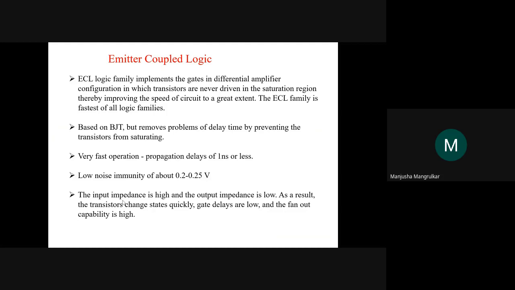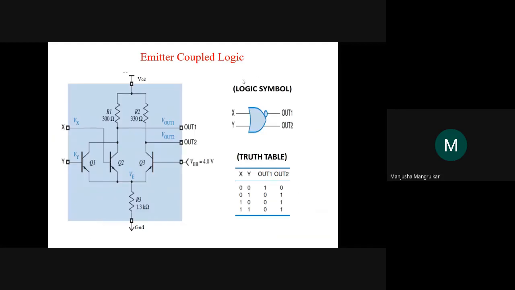If input impedance is high and output impedance is low, the result is that it changes state quickly from 0 to 1 or 1 to 0, gate delay is low, and fan-out capability is high. Now this is the differential transistor.